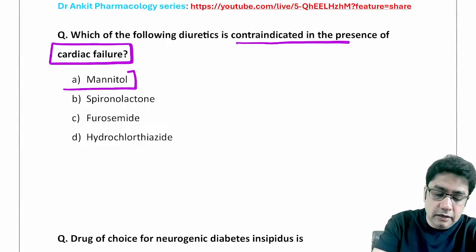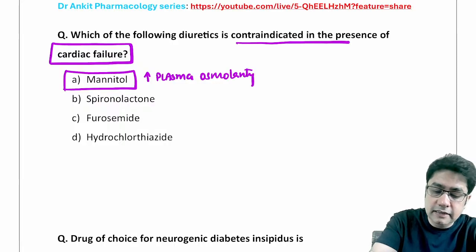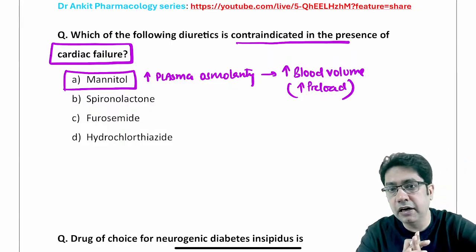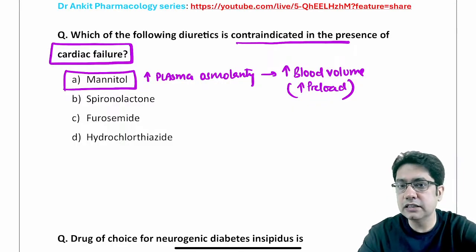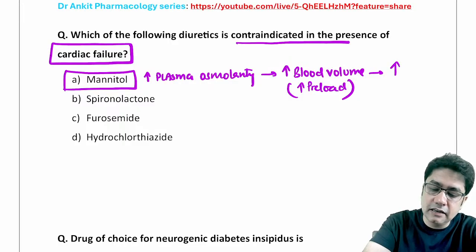Which of the following diuretics are contraindicated in the presence of heart failure, cardiac failure? Remember, mannitol increases plasma osmolarity. We have discussed it is an osmotic diuretic. Increase in plasma osmolarity will increase blood volume, and increase in blood volume will put more pressure on the heart. More blood will go to the heart, which is known as increase in preload. So that is why it can increase the risk of CHF or heart failure.